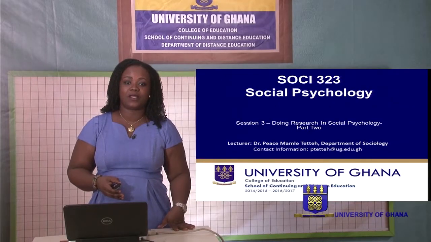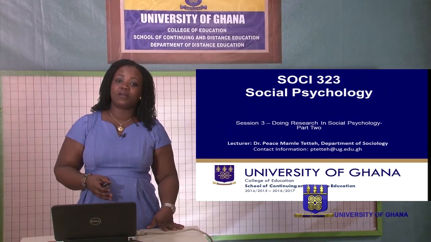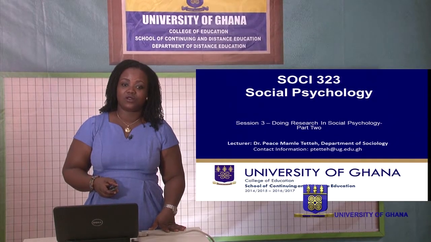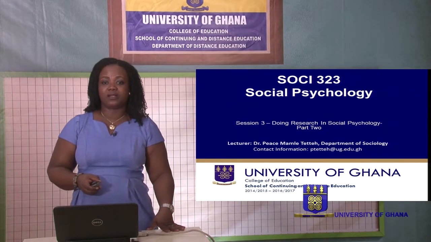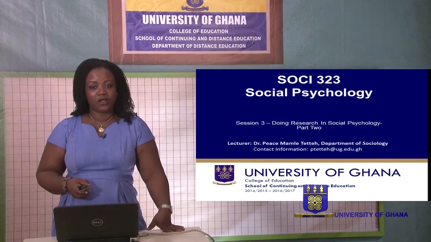In our first session, we said social psychology is a science. In the second, I introduced you to some of the methods of conducting scientific research in social psychology. In this third session, we are going to continue our discussion of methods, and look at two main methods used in social psychology: the experimental method and the correlational method.